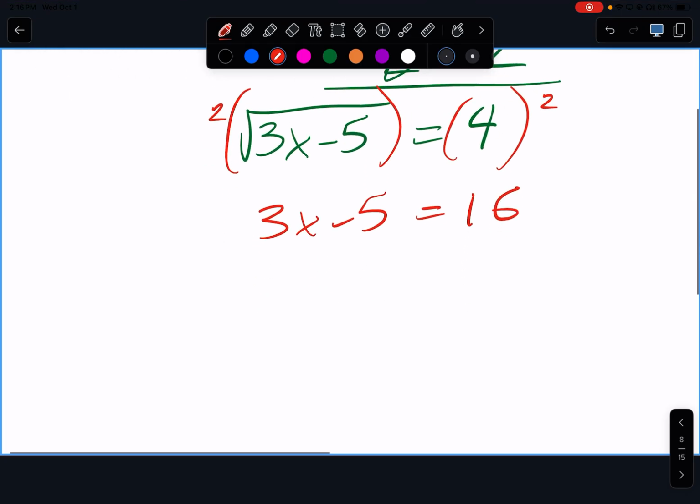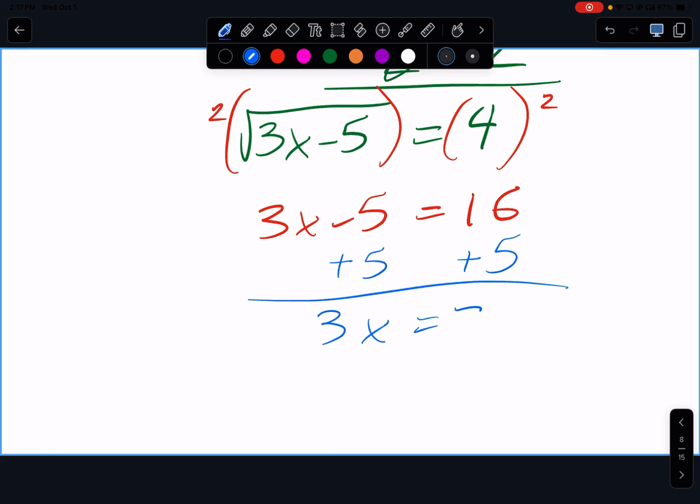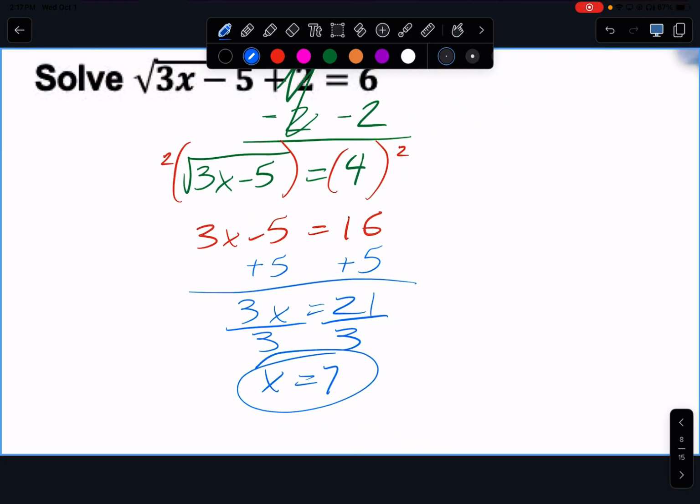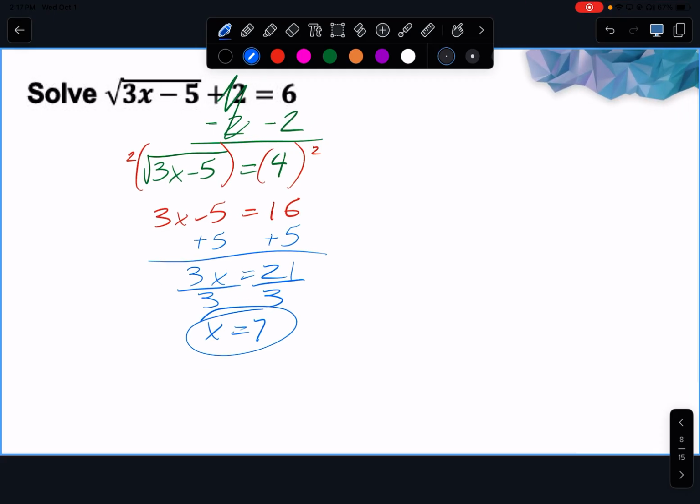Now this becomes middle school math, right? Add 5, 3x equals 21, divide by 3, x equals 7. Okay, now one thing we need to make sure that we do is plug in our solutions. And we're going to talk more about this tomorrow, okay? But I'm going to take this 7 and plug it back in here. So stay with me. What is 3 times 7? 21.